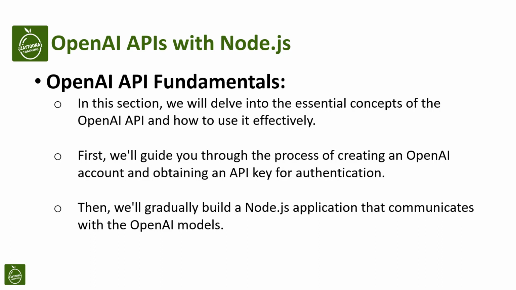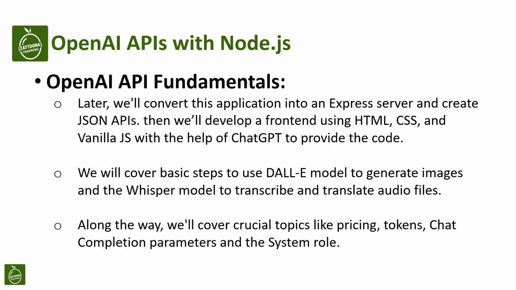Then we will gradually build a Node.js application that communicates with the OpenAI models. Later, we will convert this application into an Express server and create JSON APIs. Then we will develop a front-end using HTML, CSS, and vanilla JavaScript.